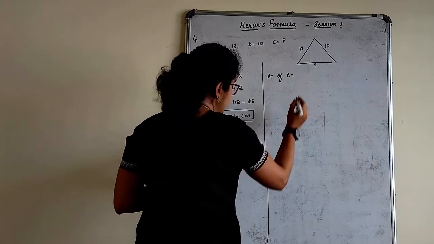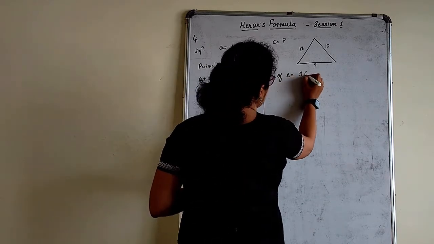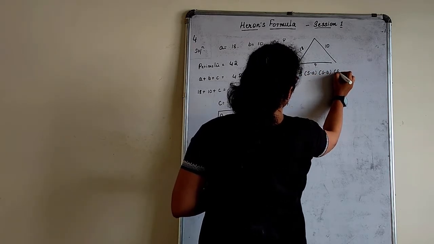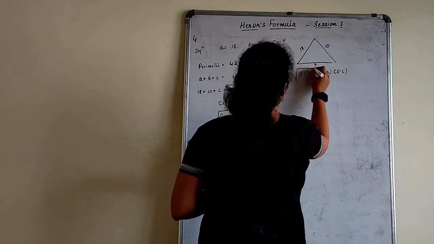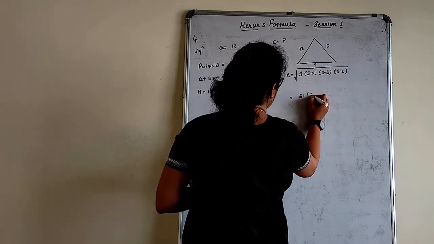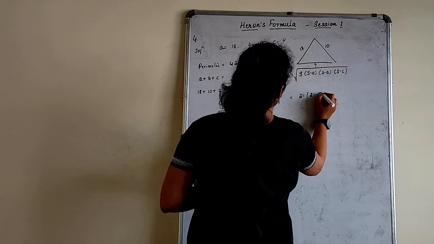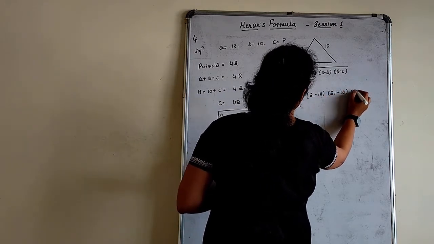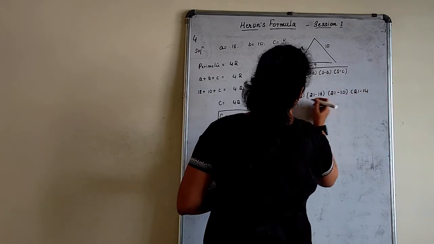Area of triangle is equal to root of S into S minus A, S minus B, S minus C. S is how much? 21. 21 minus 18, 21 minus 10, 21 minus 14.